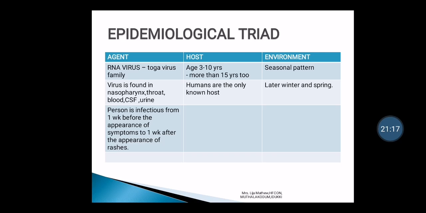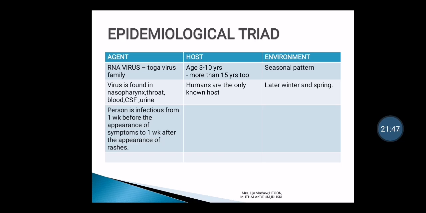The virus is found in the nasopharynx, throat secretions and blood, even in CSF, and sometimes in urine also. So in an infected person, in the nasopharynx, throat, blood, CSF, urine, in all these secretions there will be a presence of the virus. So with an infected person we have to be very careful about all these secretions.